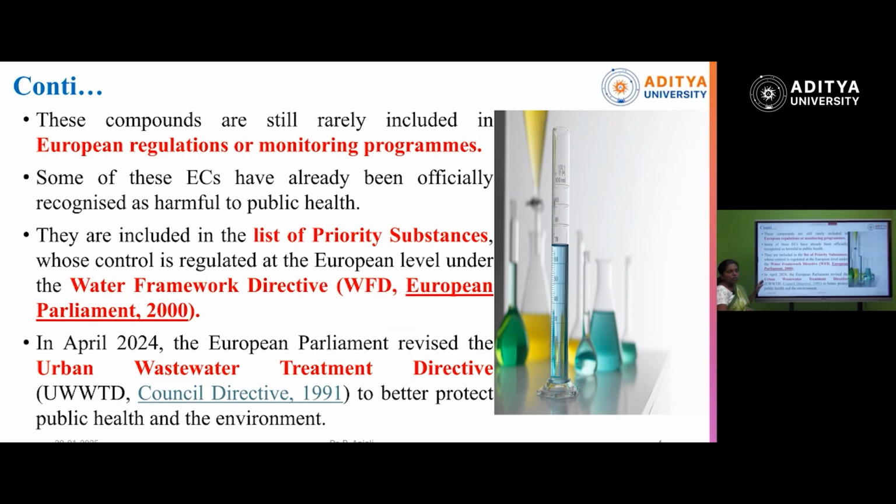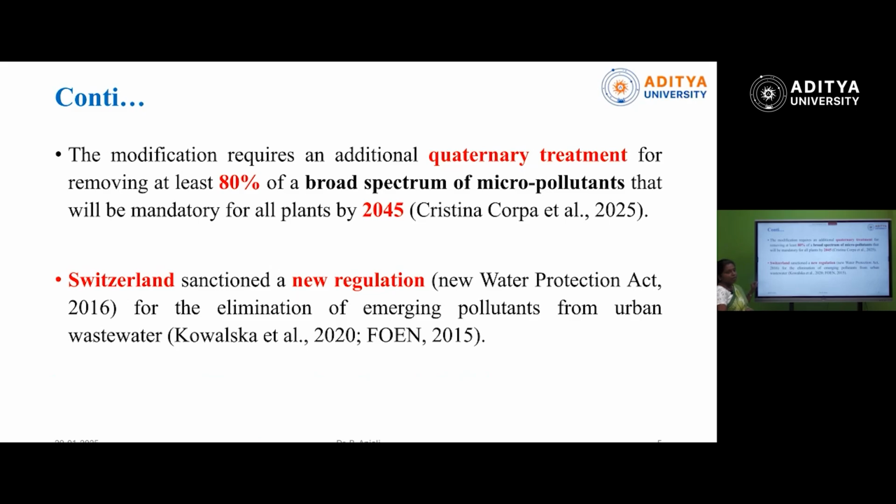Among them, the ones we need to focus on or give more importance to are the priority substances. In Europe, they regulated at the European level under the Water Framework Directive, and they are planning to implement it in treatment plants also. By 2045, they are planning to remove 80% of a broad spectrum of micropollutants. What does broad spectrum of micropollutants mean? I said emerging contaminants is a very broad area, and it contains a lot of classifications.